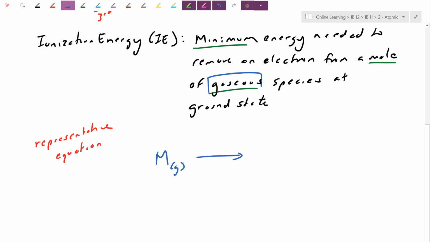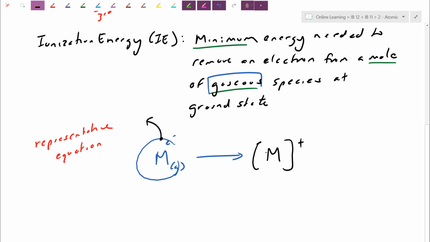And all we're doing here is this metal happens to have some number of electrons. I have no idea how many. I have no idea which subshells. I'm just grabbing the first electron that I see, working my way outside to inside, and I pull off this electron. As I remove that electron, you notice I'm not touching the core, so I'm still going to be element M. But because I removed an electron, that electron took away a negative charge, so my M is now going to become a positive charge.